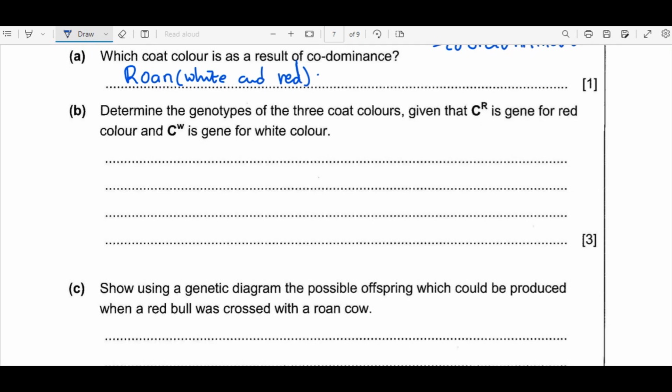For the three coats, let's look at roan first. Roan is a mixture, so we have C first for cattle, then capital W, capital R: CWCR. Then red, we need capital letters R: CRCR. For white, the same, but with capital letters W: CWCW. So red and white must exist in the homozygous form for a color to be expressed.